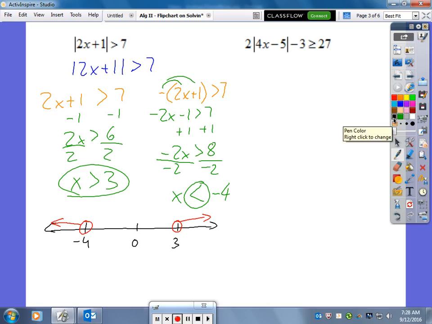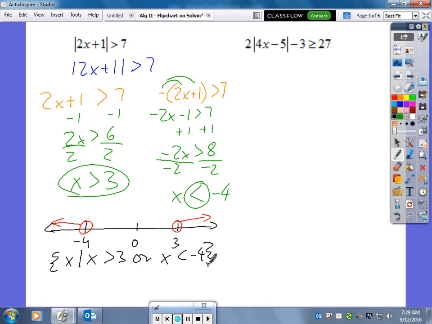We could also write the solution set in set notation, and then we would write open braces x such that x is greater than 3 or x is less than negative 4.